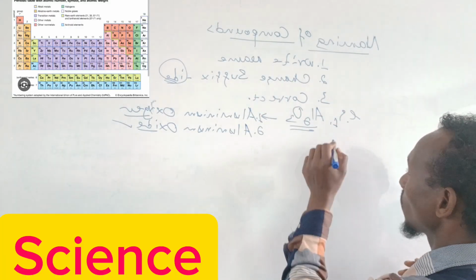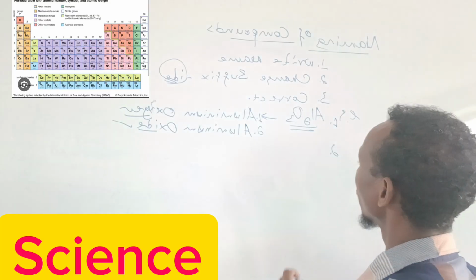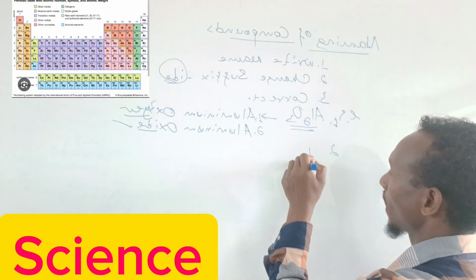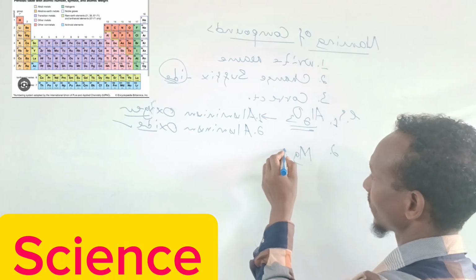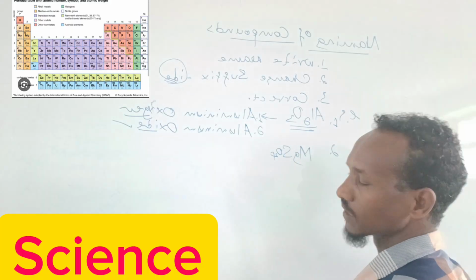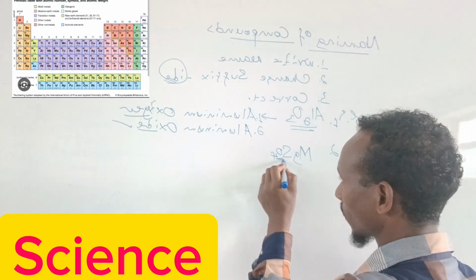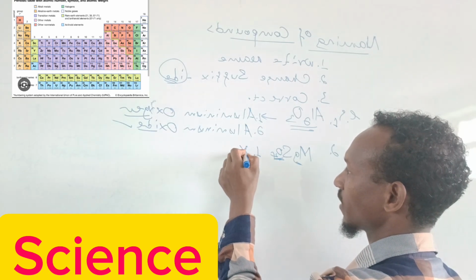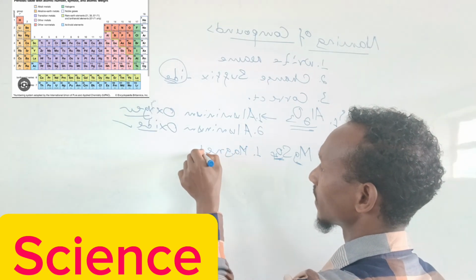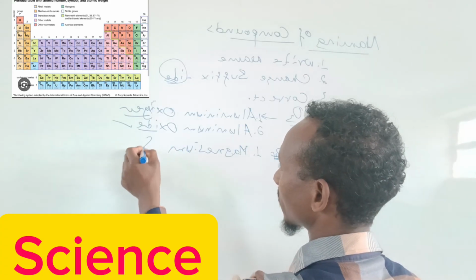Another example, example 2: magnesium sulfate, MgSO4. This is a polyatomic ion compound. This is a metal, so write the name of the metal first: magnesium, and then sulfate.